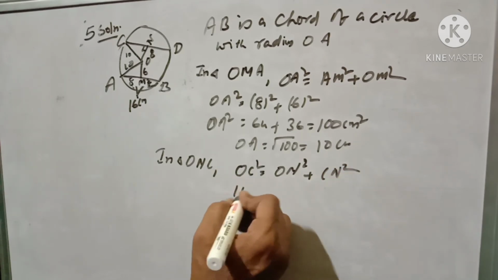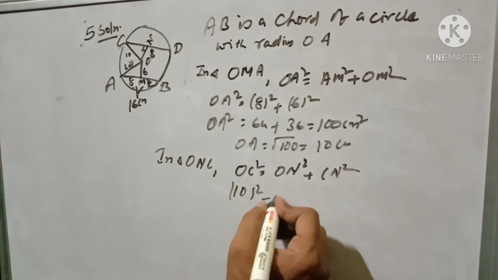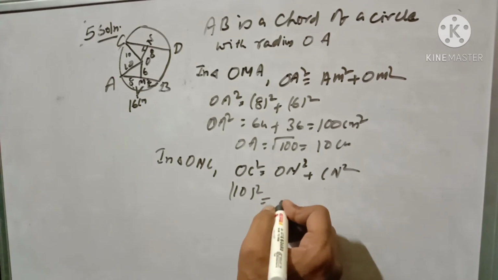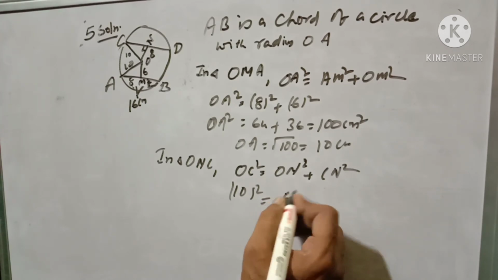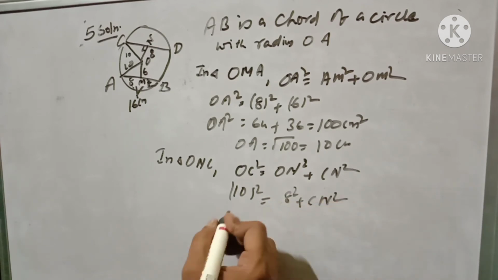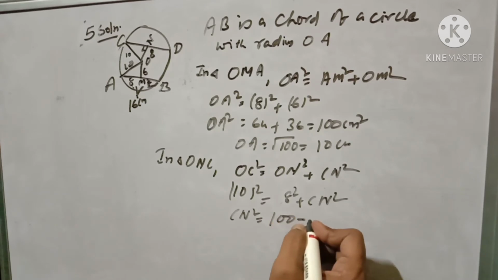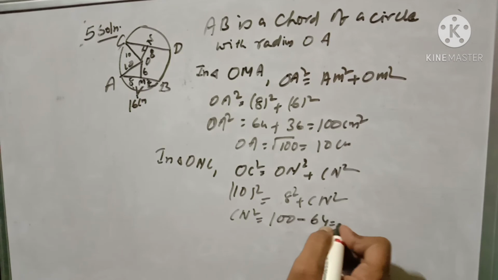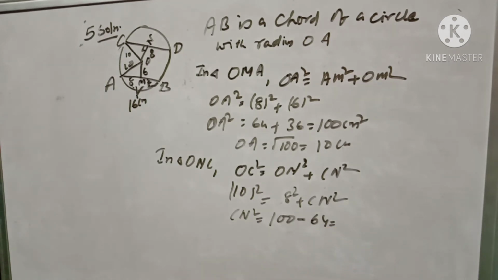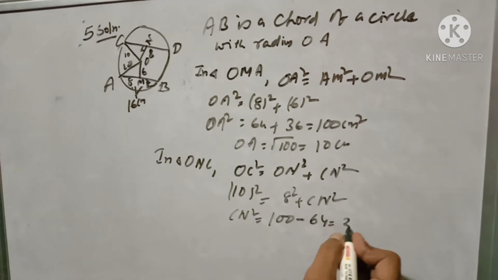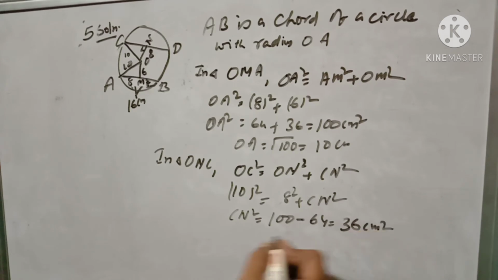Here OC means 10 square equal to ON, this is 8 square plus CN square. Therefore CN square I can write 100 centimeter square minus 64 centimeter square, which will be 36 centimeter square. Therefore CN equal to 6 centimeter.